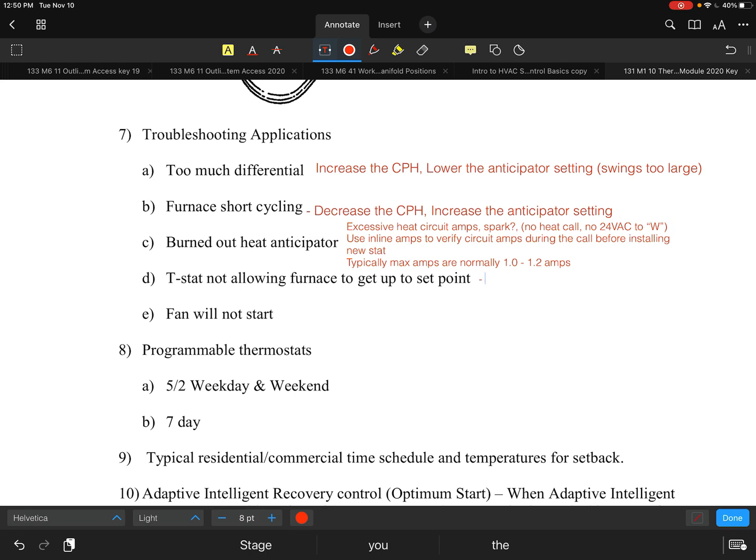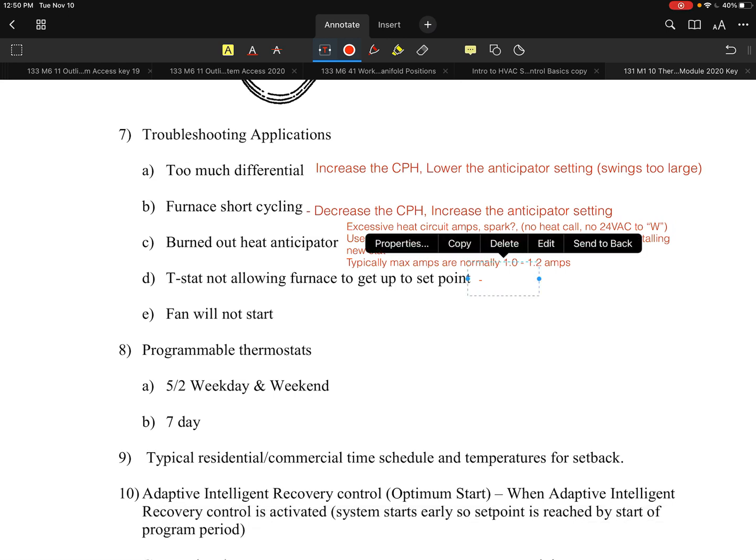Item D talks about, well, the T-stat's not allowing my furnace to get up to set point. So the first thing that I would say to check is look at the leveling.